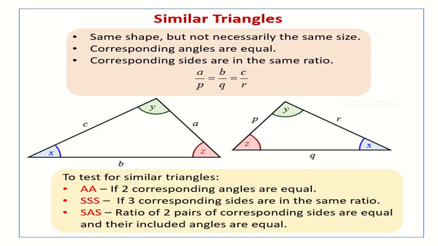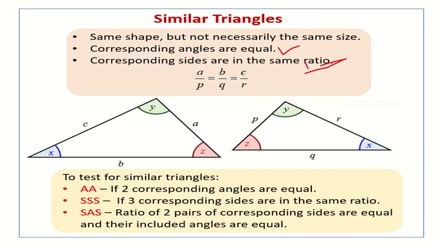Next, we are going to see how you will say that triangles are similar. Always the corresponding angles are equal, right? Just now we have seen that the corresponding sides are in the same ratio. To test this, we have different criteria for similar triangles. Let us check what criteria we have.